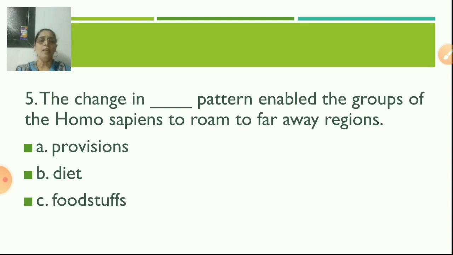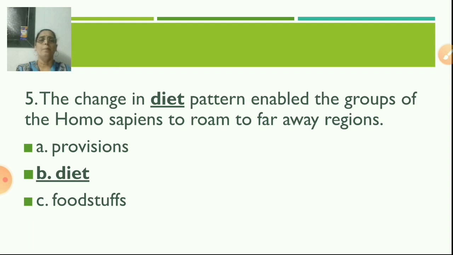Options are A. Provision, B. Diet, C. Foodstuffs. And your answer is B. Diet. The change in diet pattern enabled the groups of the Homo sapiens to roam to faraway regions.